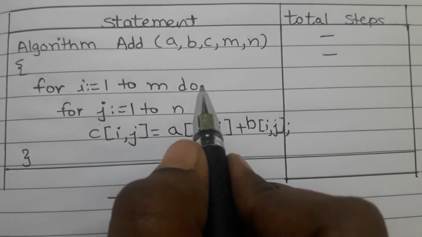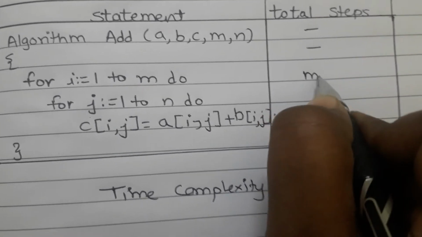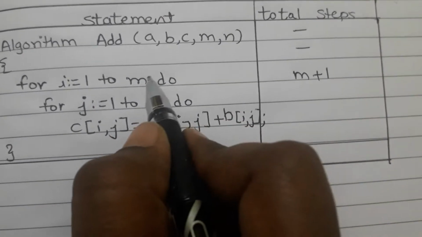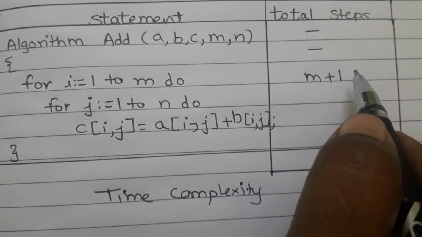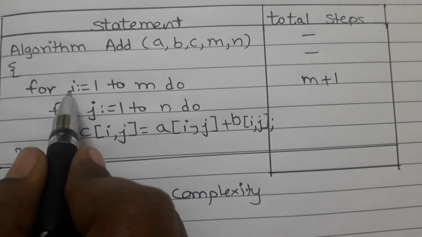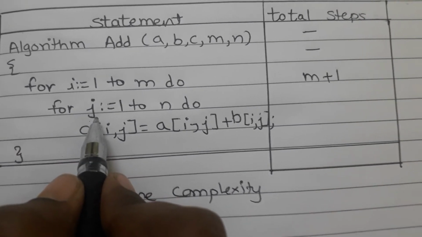This statement will be executed m plus 1 times, as we have seen in the last example. Whatever statements are present within this for loop will be executed m times.